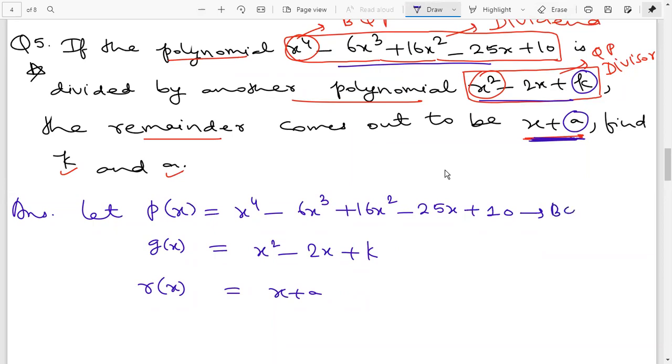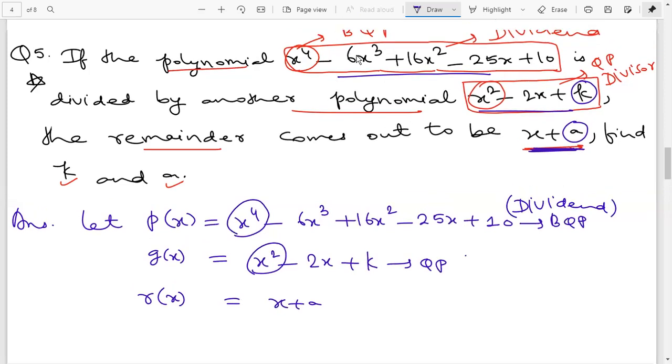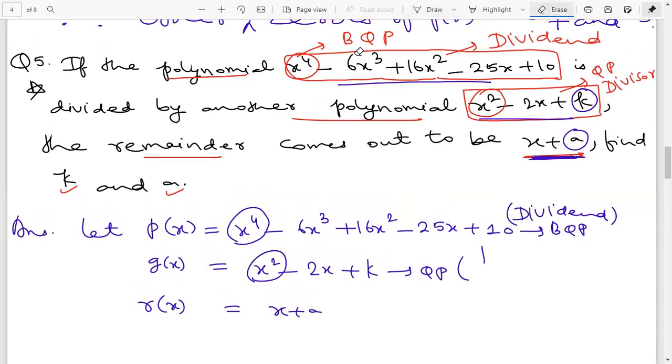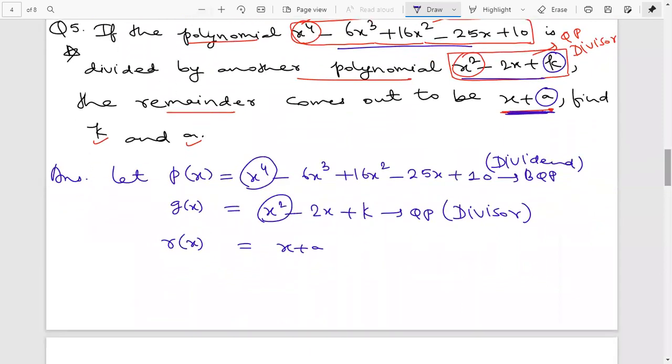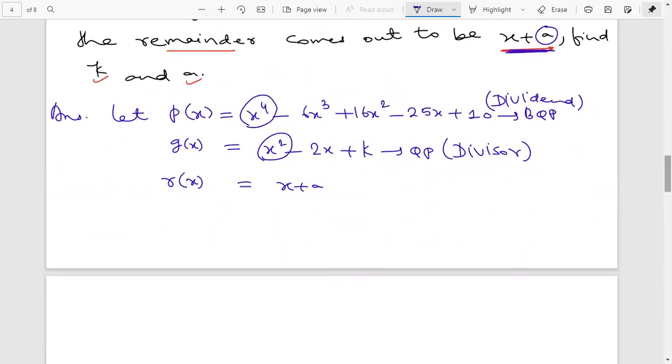P(x) is a biquadratic polynomial, degree 4, and G(x) is a quadratic polynomial, degree 2. This will be the dividend, and this will be the divisor. Now we can start dividing, and then we'll see the results, whatever comes.